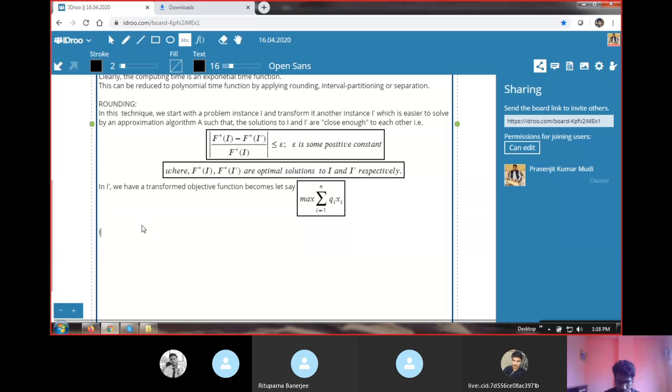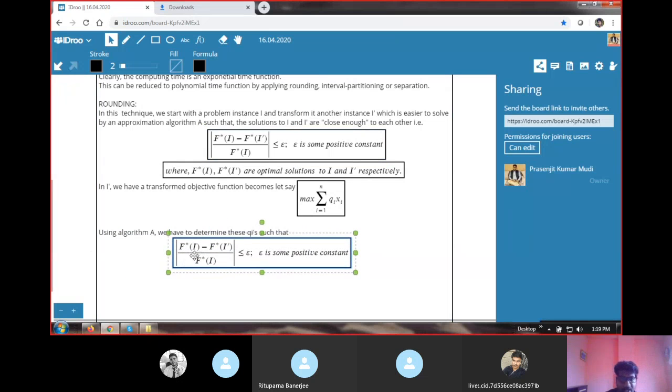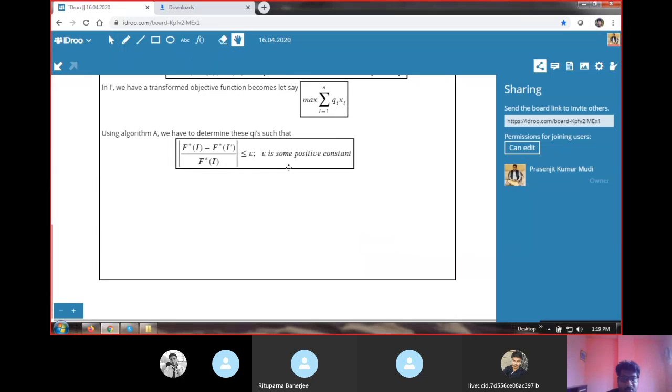Now we need algorithm A to determine a solution such that this is true: the absolute value of f star I minus f star I dash divided by f star I is less than or equal to epsilon, where epsilon is some positive constant.